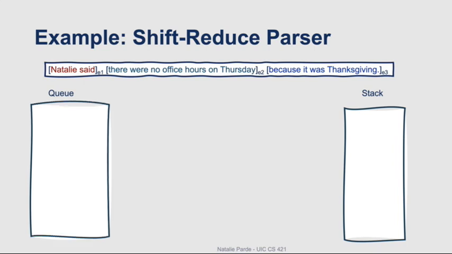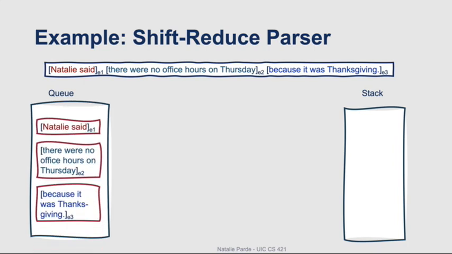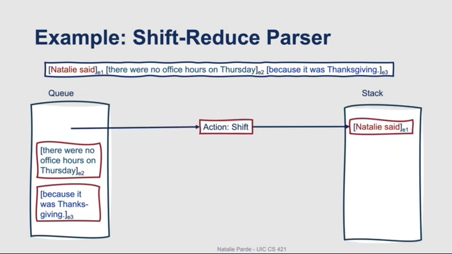Let's go ahead and fill up our queue with our elementary discourse units. Now, there's currently nothing on the stack, so we can't perform a reduce or a pop action. So the only thing we can do right now is shift something from the queue to the stack. We'll go ahead and do that, so we'll shift the first EDU onto the stack as a single node subtree.